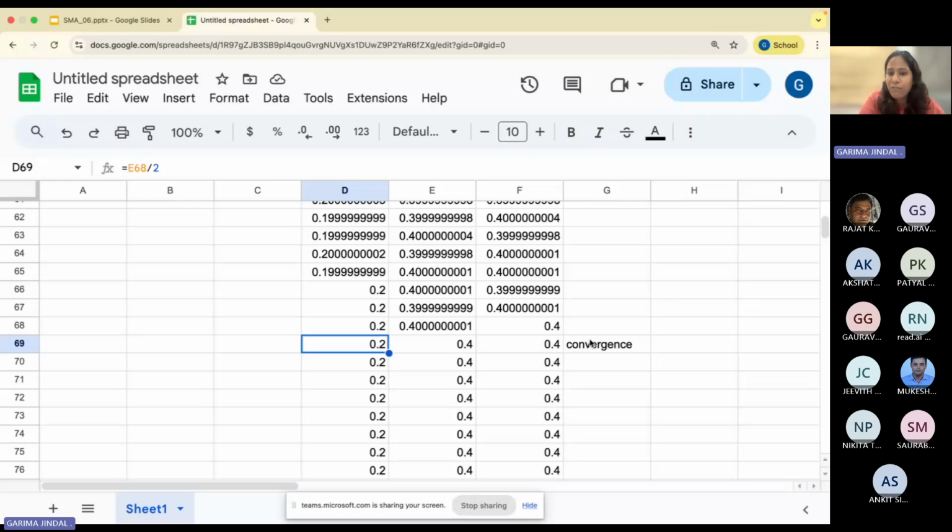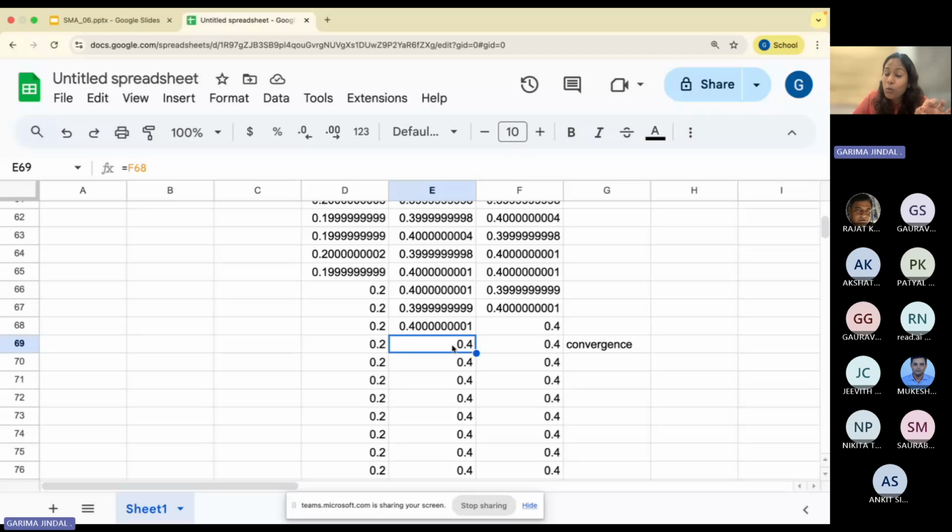Initially, we started with value 1, and we have seen that when we iteratively distributed the values or the resources in the network, there came a point when these values converged. And when they converged, there was a specific score with each and every node. This particular score can tell the importance of the node.